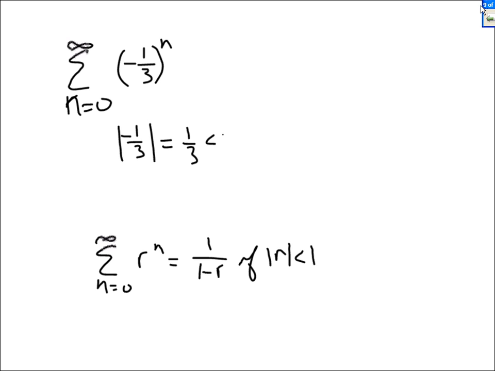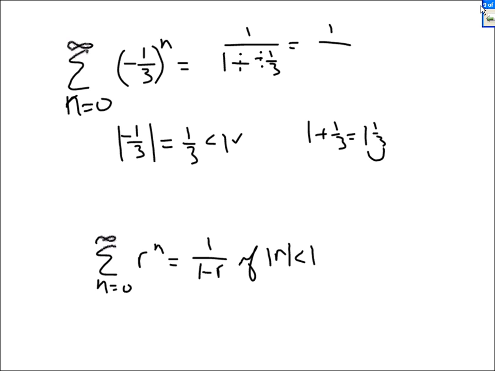So this is equal to 1 over 1 minus r. If r has its own negative sign, whatever, you have to put it down. 1/3. So it really becomes 1 plus 1/3, which is 4/3. 1 plus 1/3 is 1 1/3. 3 times 1 is 3, plus 1 more, 4/3.